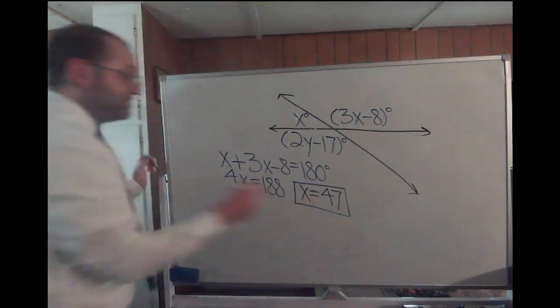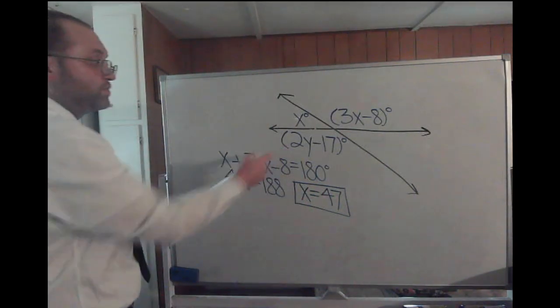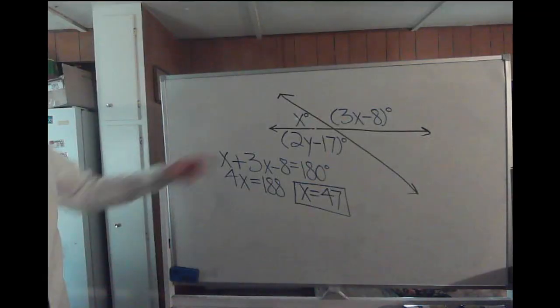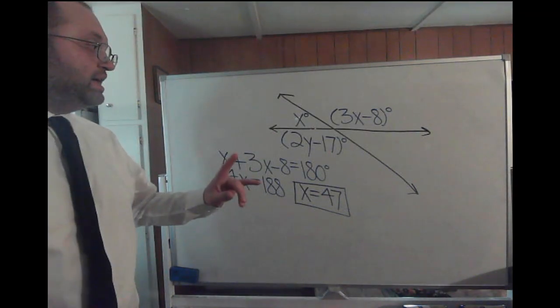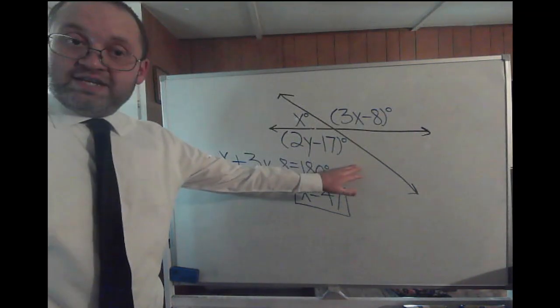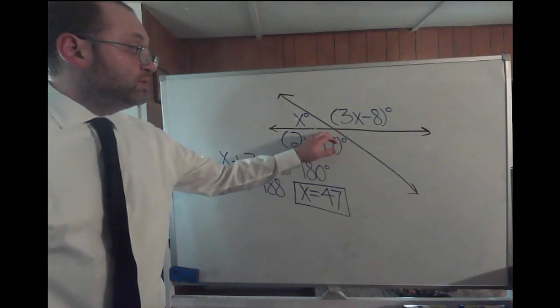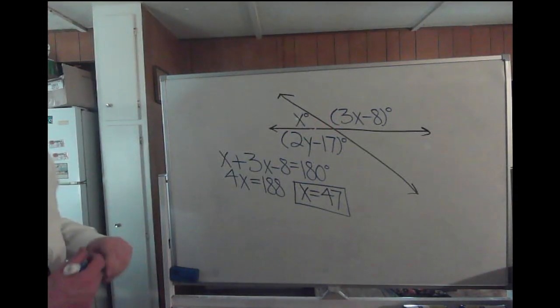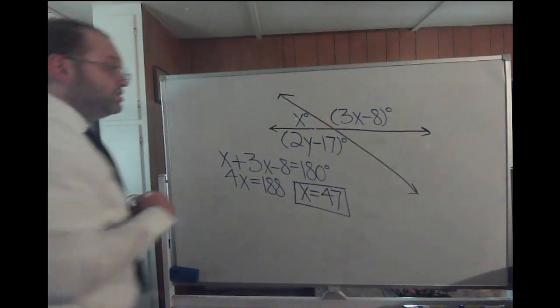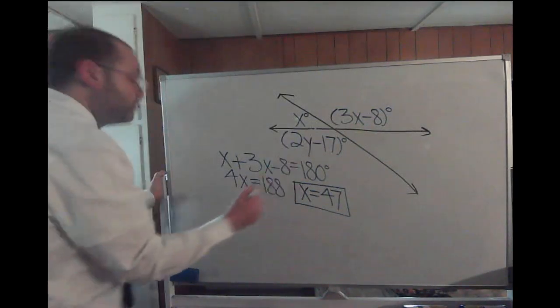Alright, great. So we've solved for x, now we need to solve for y. So you got your x value, but here's the thing. This 2y minus 17 angle, the vertical angle to that is 3x minus 8. So what we actually need to do is put in that 47 in the 3x minus 8.